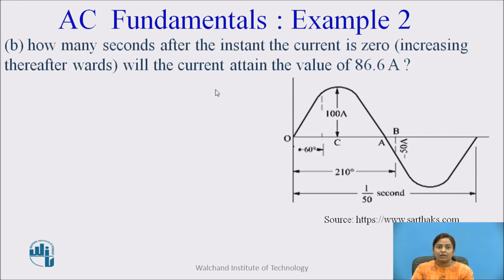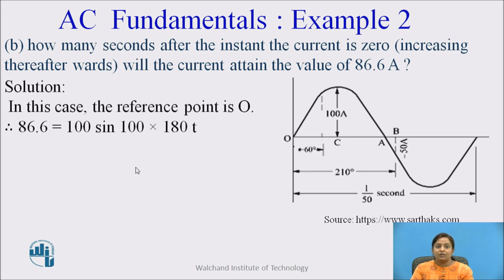How many seconds after the instant the current is 0 and increasing thereafter will the current attain the value of 86.6 ampere? Okay, now what is given here? Here the instantaneous current value is given. But here the reference point is O. Okay, why?